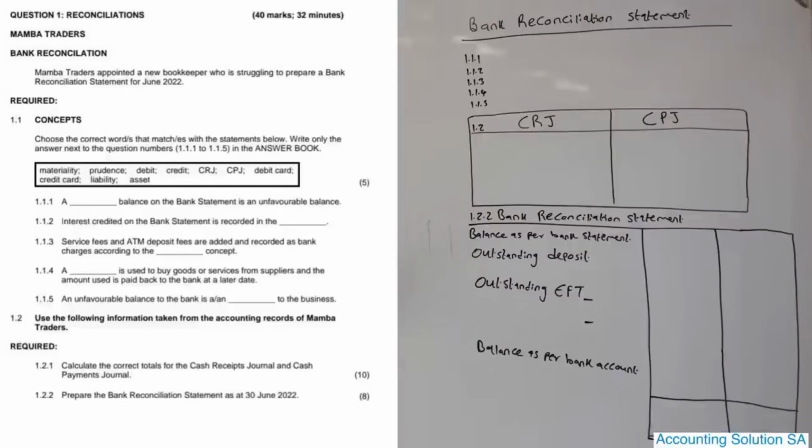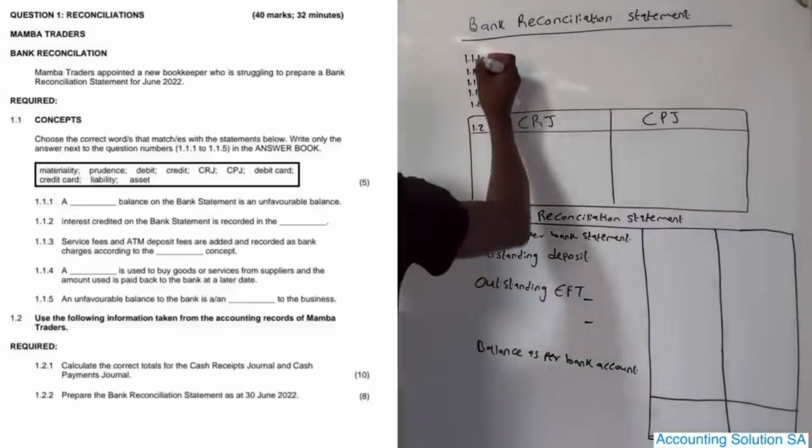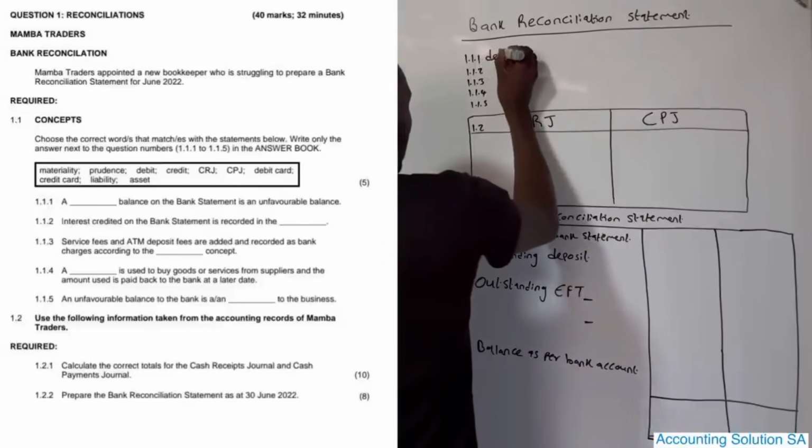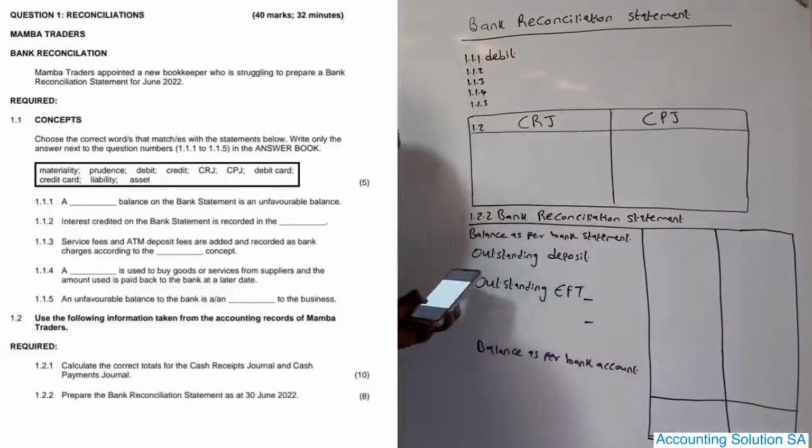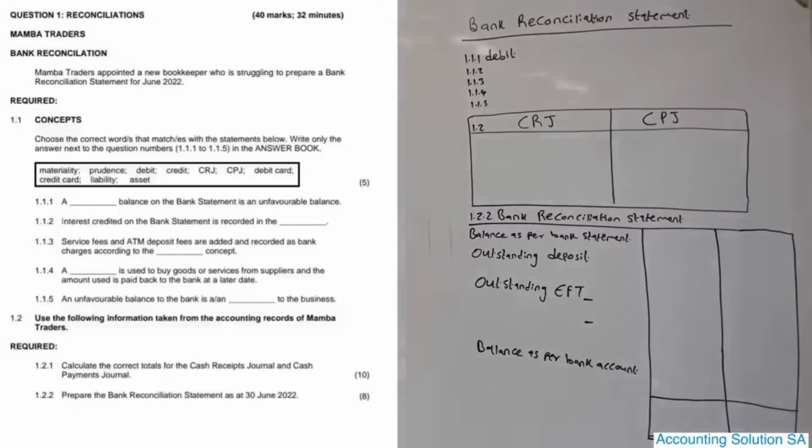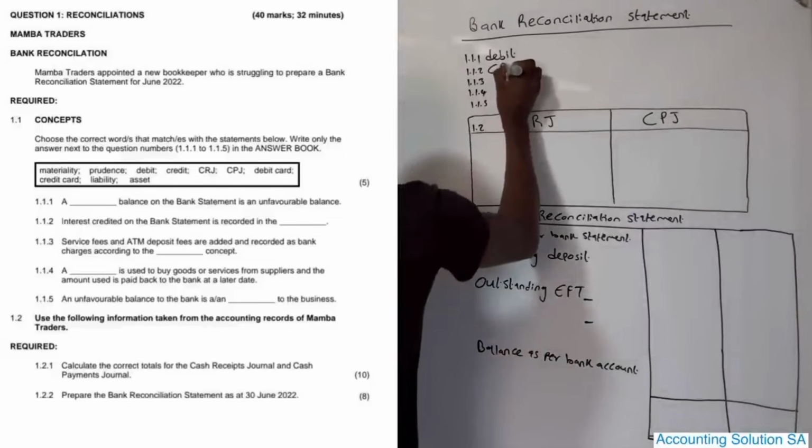1.1.1: the balance on the bank statement is unfavorable. An unfavorable balance on the bank statement is a debit balance, guys, on the debit side. 1.1.2: interest credited on the bank statement is recorded in the cash receipts journal.